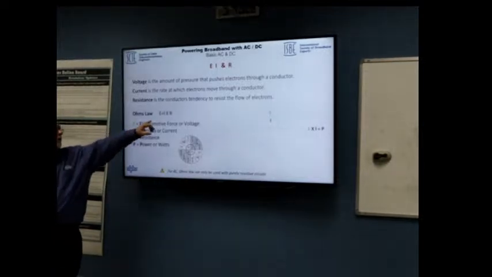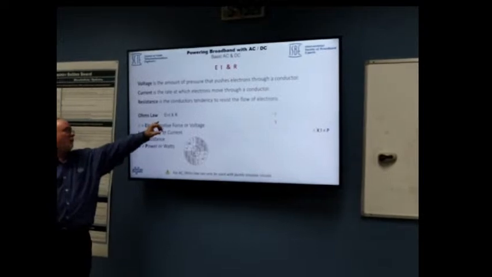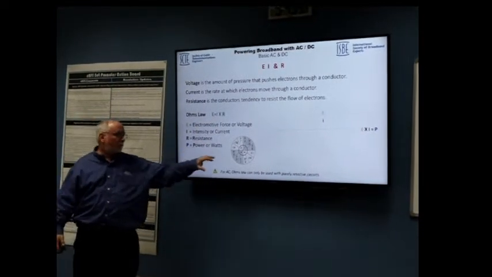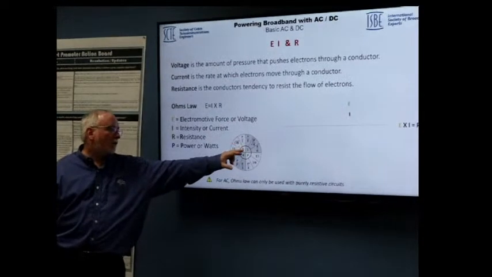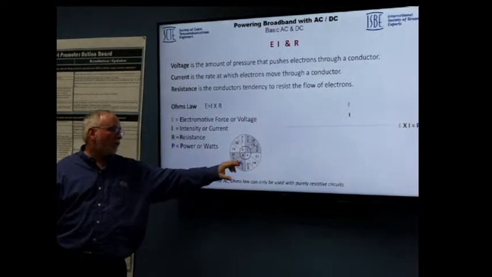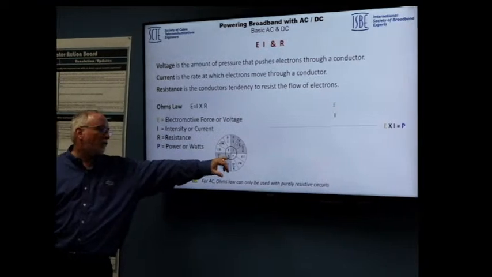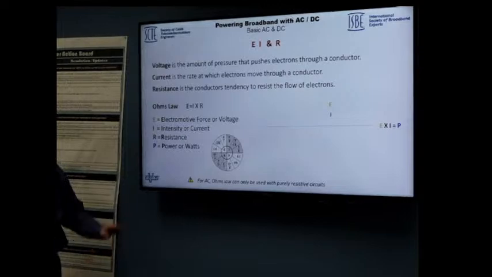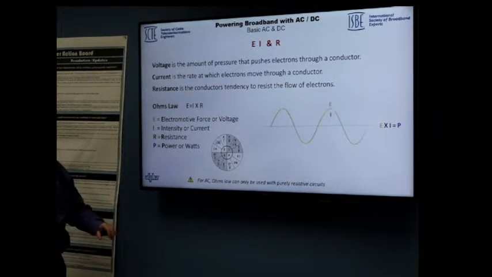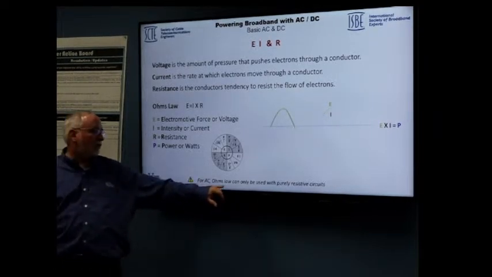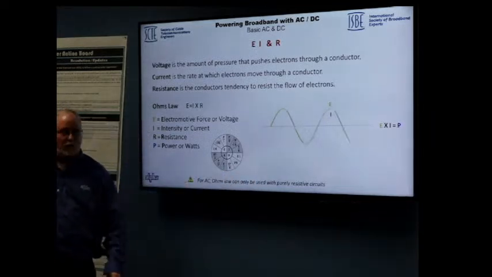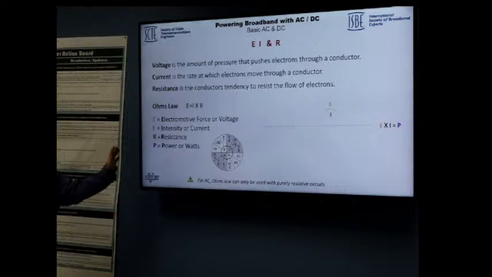So it's E equals I times R, or W equals E times I, right? This pattern here, the middle, is effectively all of them. So we have voltage, current, resistance, and power, and these are all of the relationships to get from one to another. For AC circuits, Ohm's law can only be used in purely resistive circuits because there's something called impedance that kicks in. But we'll talk about that a little further in the presentation.